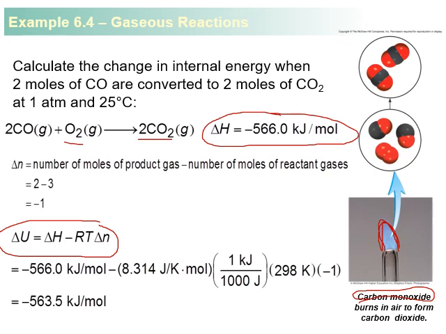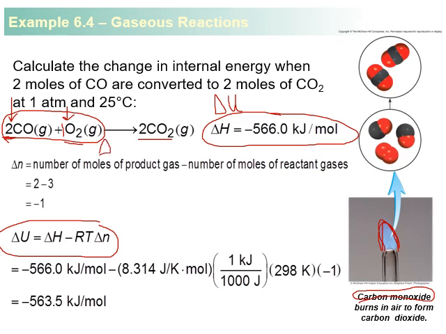But the question is, what's the change in internal energy? Now remember, when there's a change in the number of gases, then there is an expansion or a compression. In our chemical reaction here, look over at the reactants. On the reactant side, we have 2 moles of carbon monoxide reacting with 1 mole of oxygen to create 2 moles of carbon dioxide.